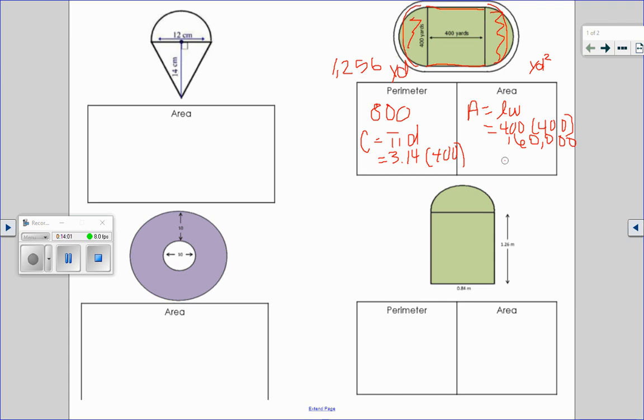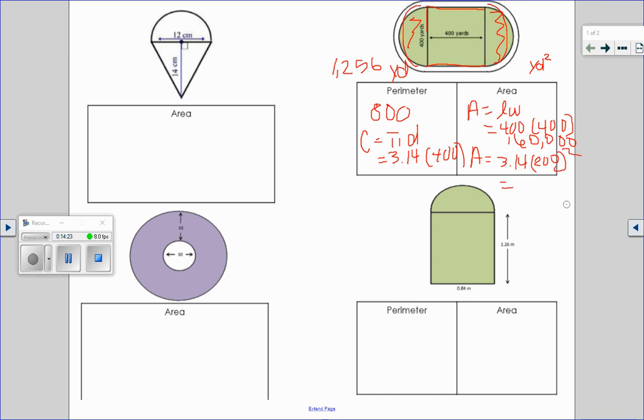Okay. And then I need to find the area of a full circle because two half circles together make the full circle. So just 3.14 times the radius, which means half of my diameter, so 200 squared. I don't need to take half the circle because it becomes a full circle together.